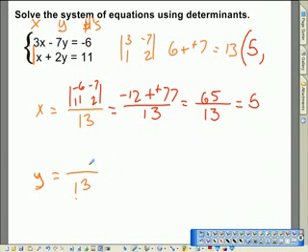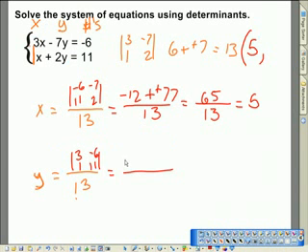Now we'll find the y-coordinate, and since I'm finding y, I cannot use the y coefficients, so I put in my x's, 3 and 1. Now I'm going to put in my constants instead of the y, negative 6 and 11. Cross multiply.